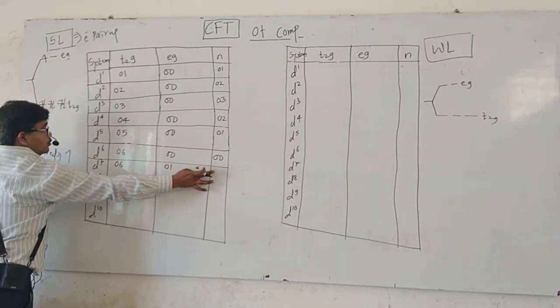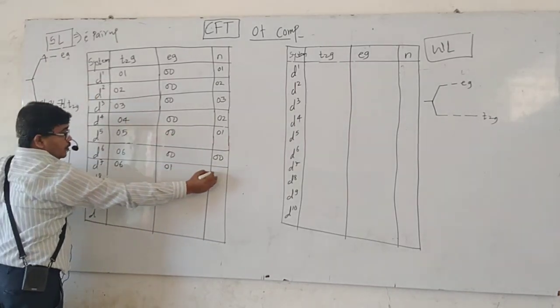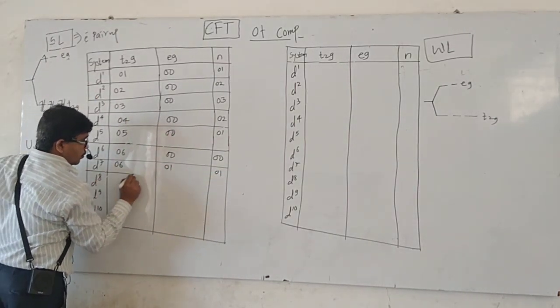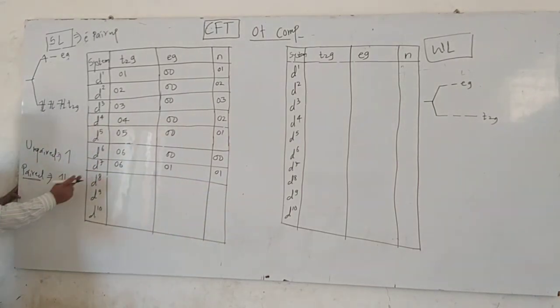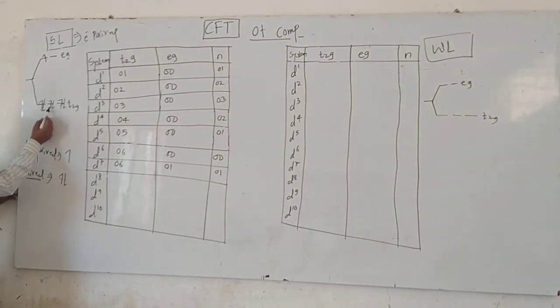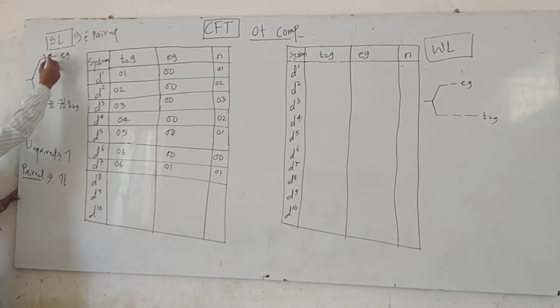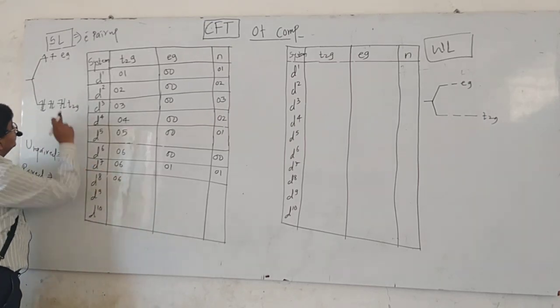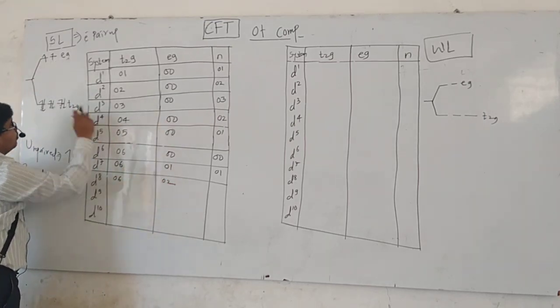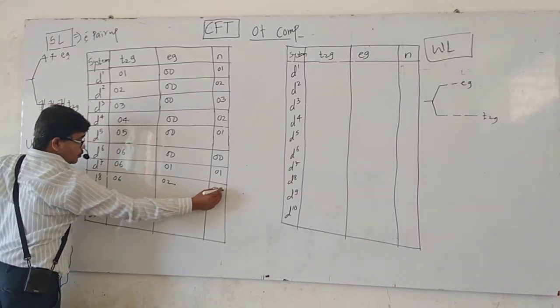Number of unpaired electrons? Only 1. Okay. Now, for D8 system, 1, 2, 3, 4, 5, 6, 7 is here, and this will be 8. So in the T2G, 6, in the EG, 2. Number of unpaired electrons? Also 2.